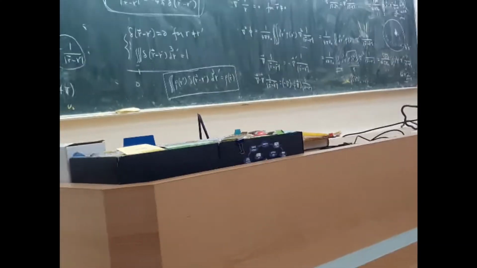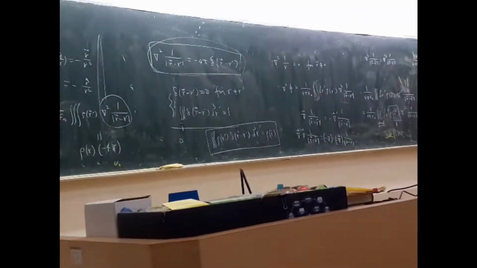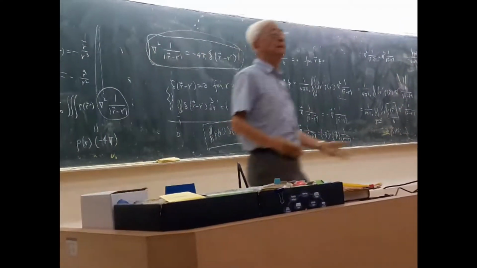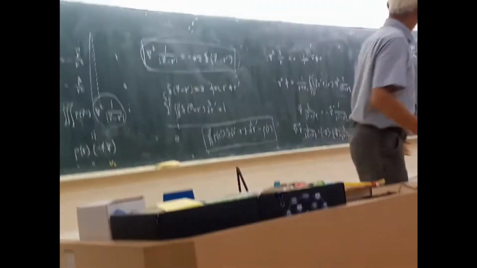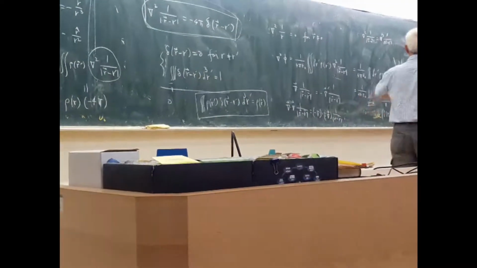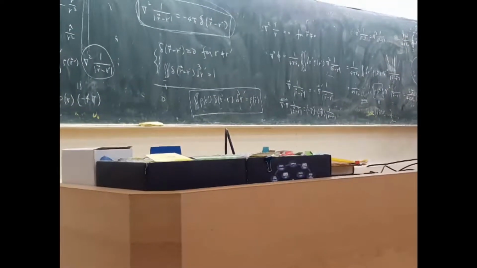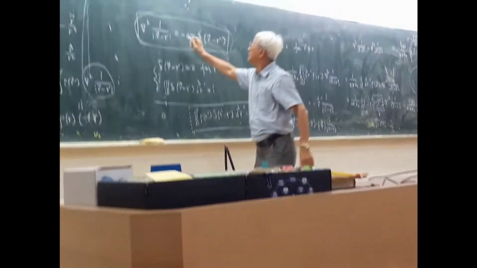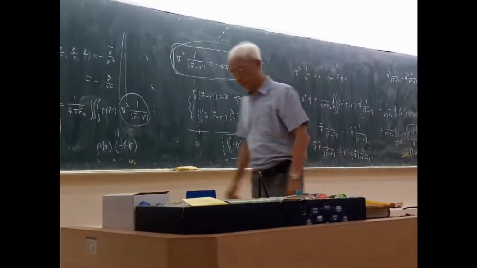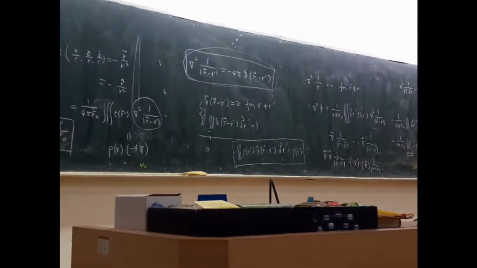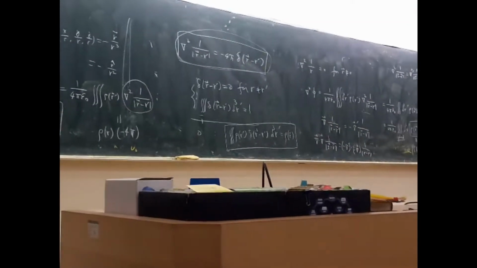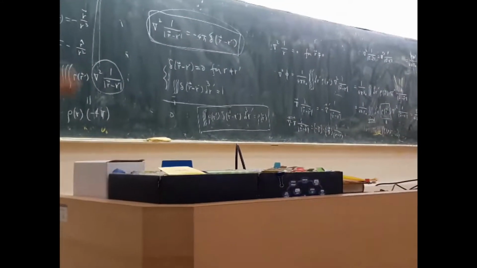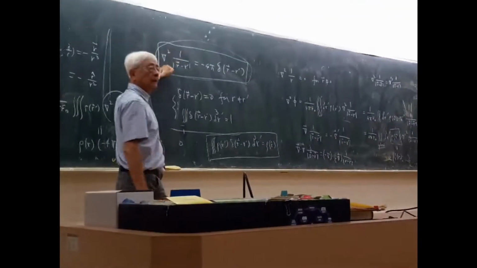And this is a delta function. You should be careful about the minus sign. Sometimes we call it the Green function, with the 4 pi factor, something like that, but anyway it's all the same.